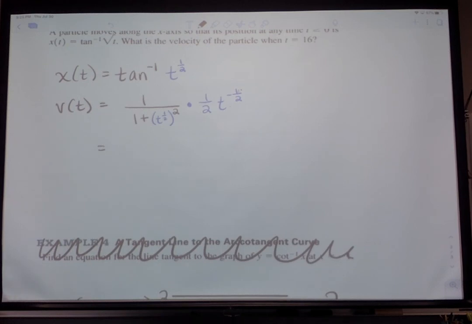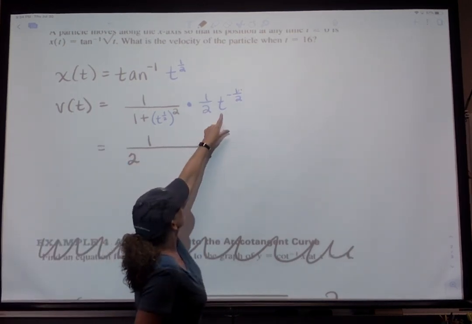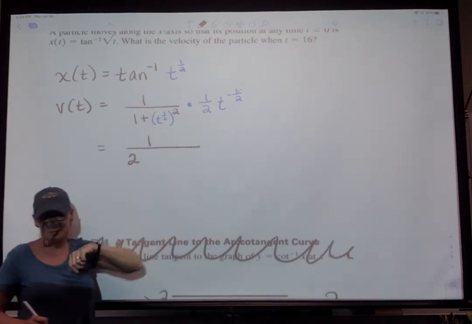All right, what can we do here? Nothing is going to be in the numerator besides a 1. Let's see, there's going to be a 2 down there because of this. There's going to be a radical t down there.